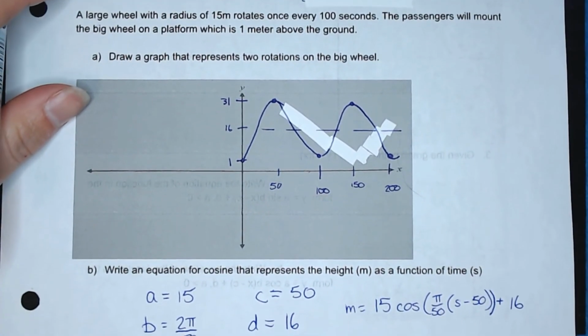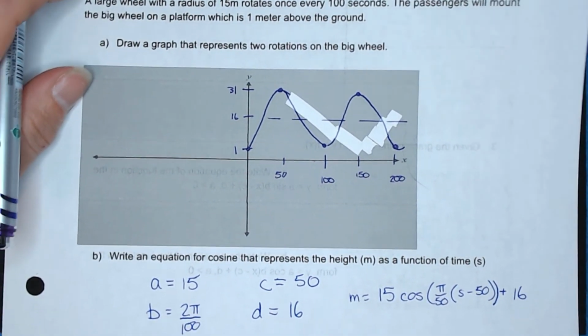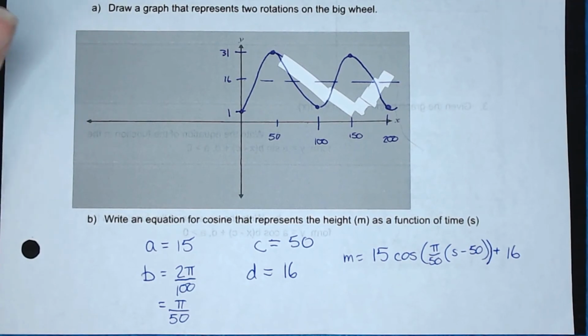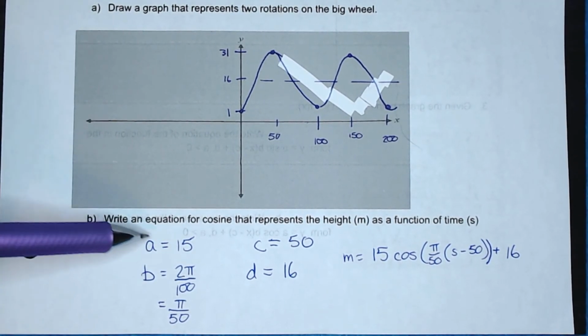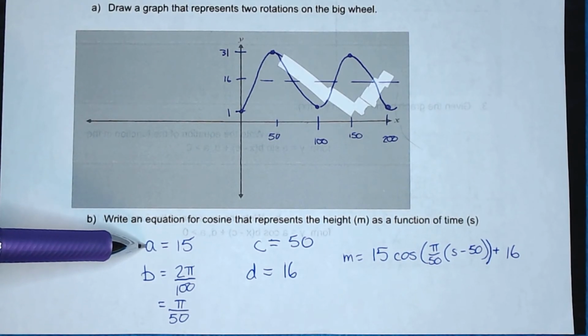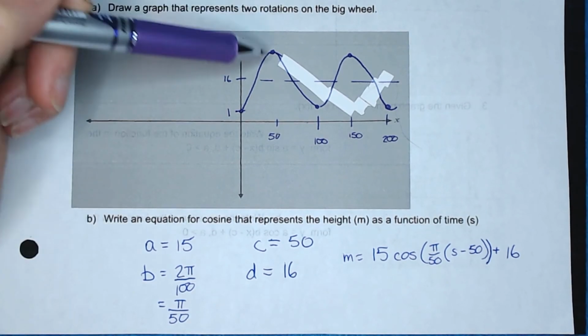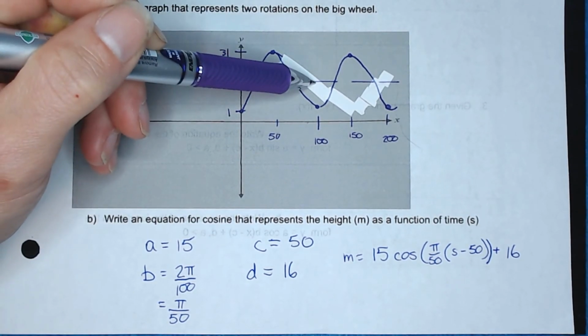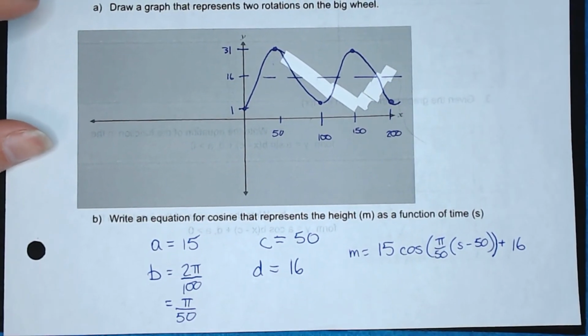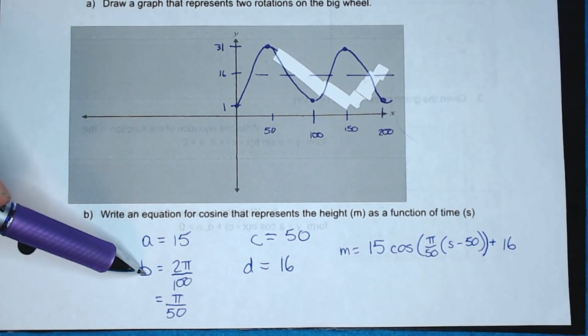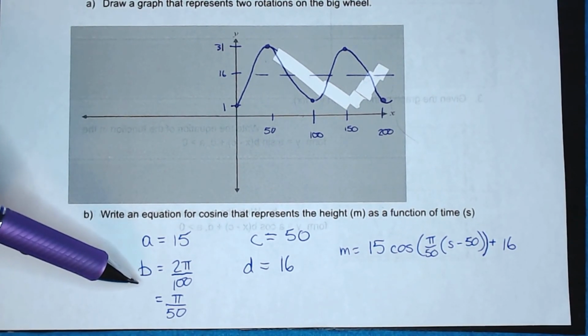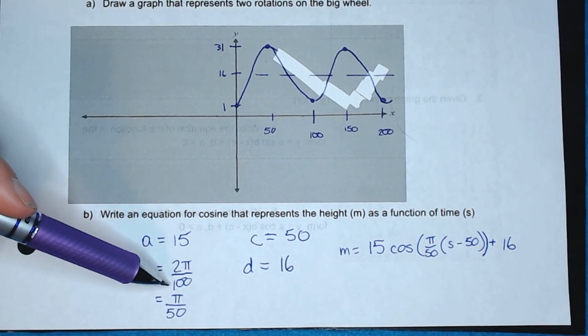Now that we are able to approximate the graph, we can write an equation for cosine that represents the height m as a function of time s. We know that our amplitude, or height, or radius of our wheel is 15, from here to here. Our period is 100 seconds.